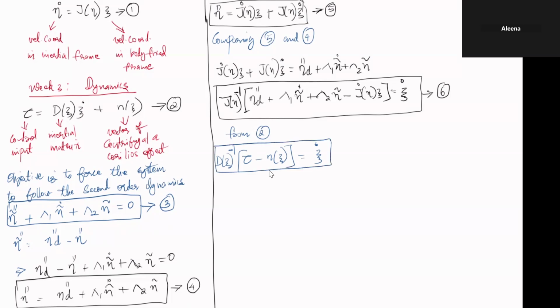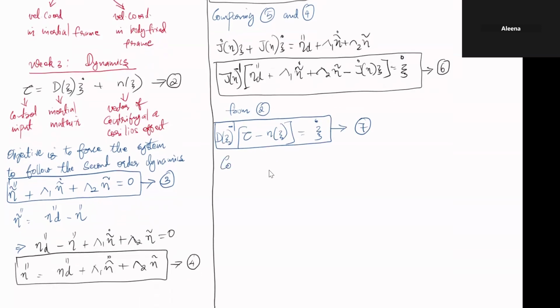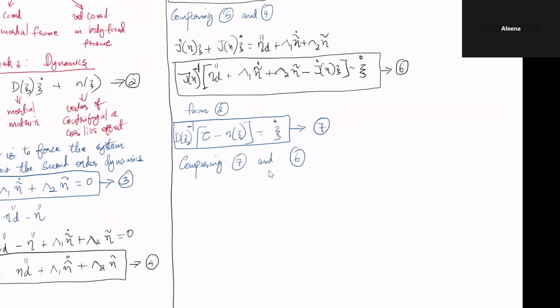So I'll call this equation 7. And now comparing equation 7 and equation 6, we will end up with J of eta inverse, eta desired double dot plus lambda 1 eta tilde dot plus lambda 2 eta tilde minus J dot of eta zeta.